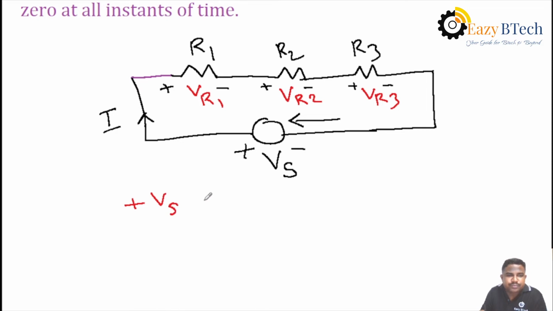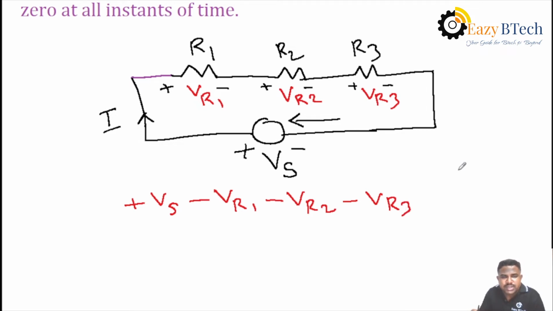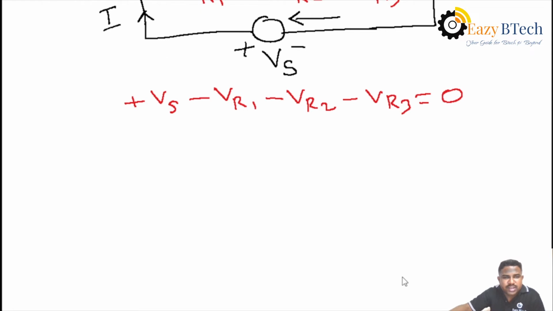Similarly, the current passes through the elements from higher potential to lower potential, so for that case the voltage is negative, that is minus VR1, similarly minus VR2, and minus VR3. That means the total voltage in a loop is zero. That is the statement of KVL.